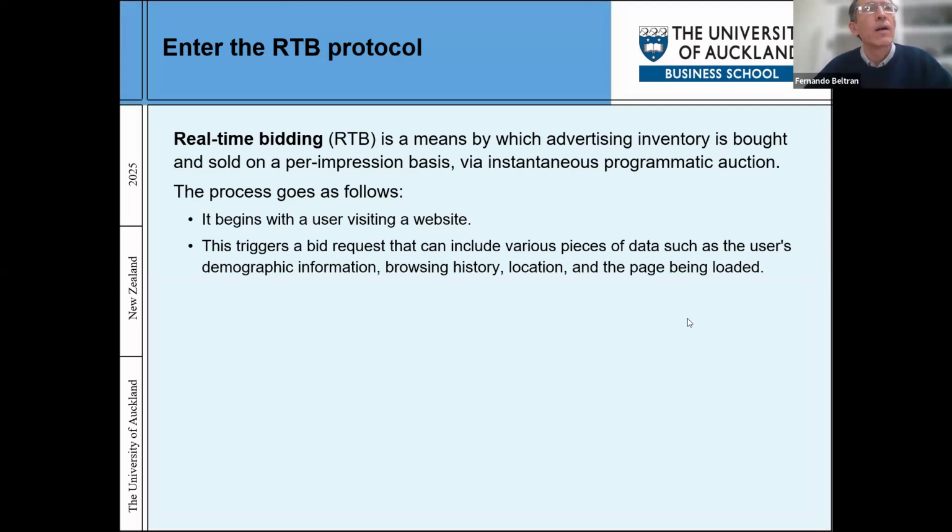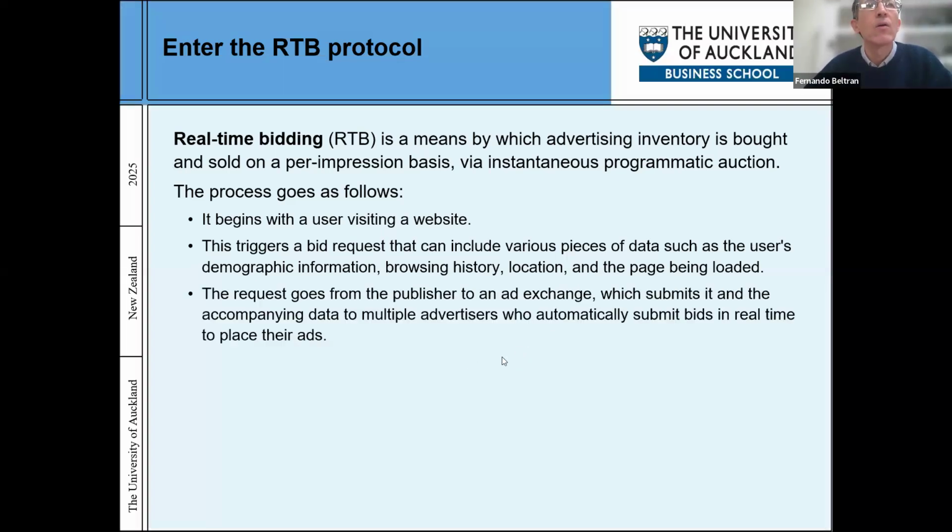All of that, or the examples that we saw a few slides ago, goes from the publisher to the ad exchange, with the publisher being the app or the website. In our case, it's our device, but we have no idea. Well, we eventually know because we see the ads, but we have no idea what's going on behind that.